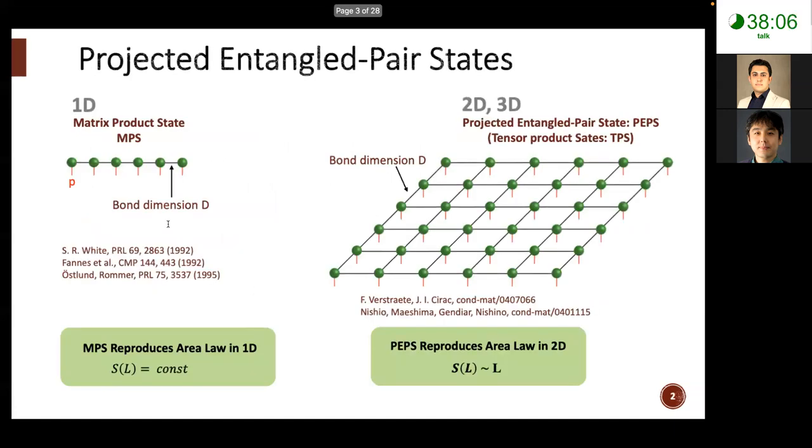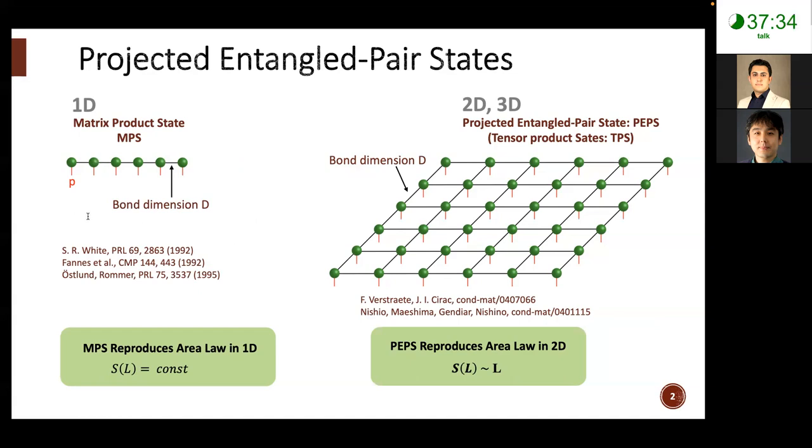So I think by now you have heard a lot of tutorials on tensor networks, so I'm not going into the detail. I will just briefly comment. The tensor network provides an efficient representation for the wave function of those systems whose entanglement structure obeys the area law.